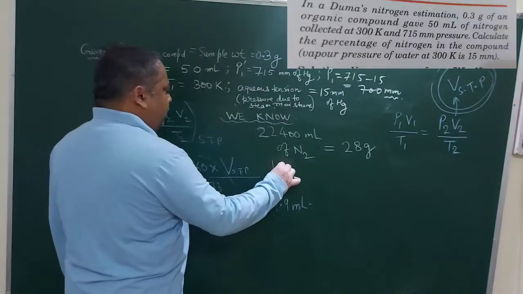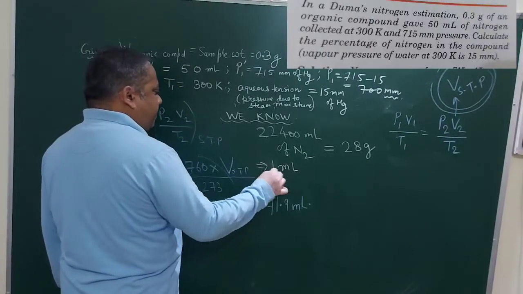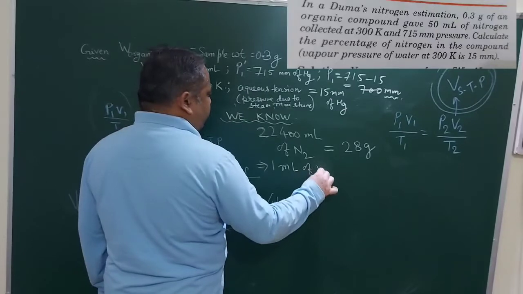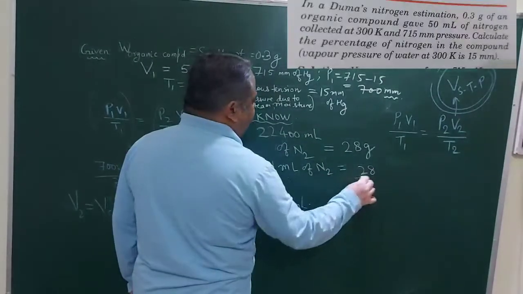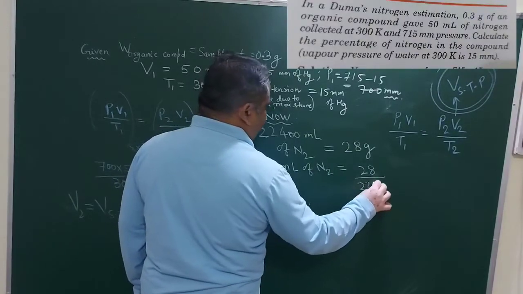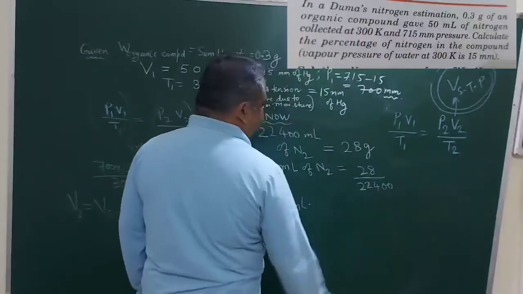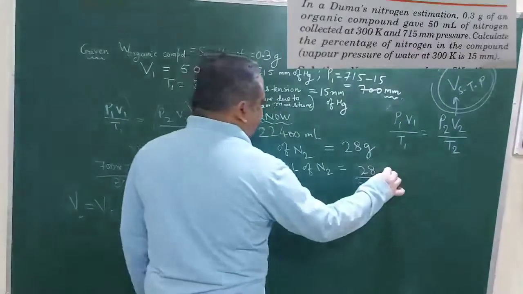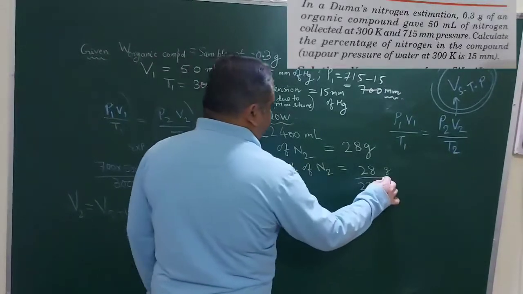So 1 ml of N2 will be equal to 28 divided by 22400 gram. This is gram, this is ml.